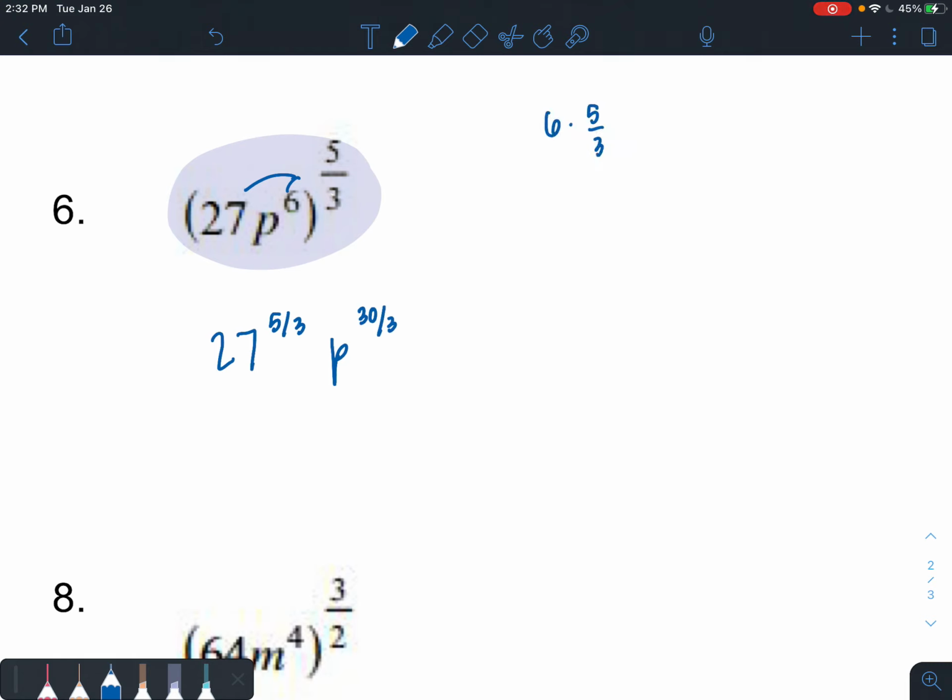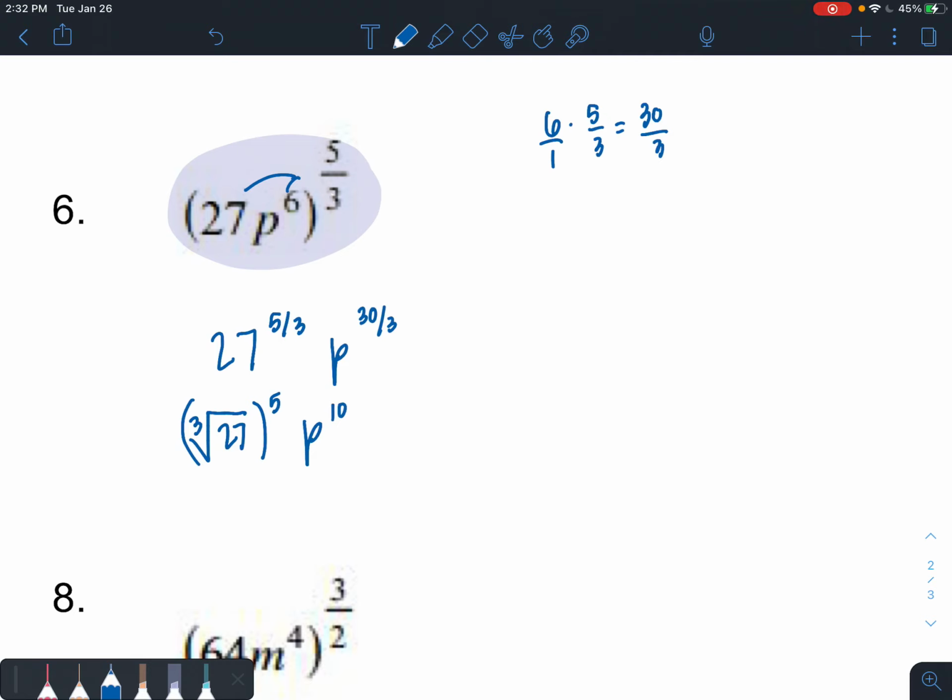Remember, with 6 times 5/3, that's the same thing as 6 over 1, and we multiply straight across. Okay, so then I'm going to go ahead and rewrite this. So this is the cube root of 27 to the 5th, and then 30 divided by 3, simplifying this, we get 10.